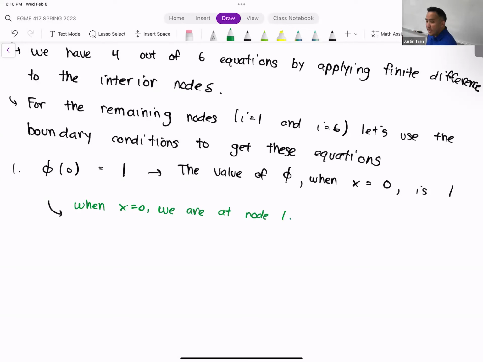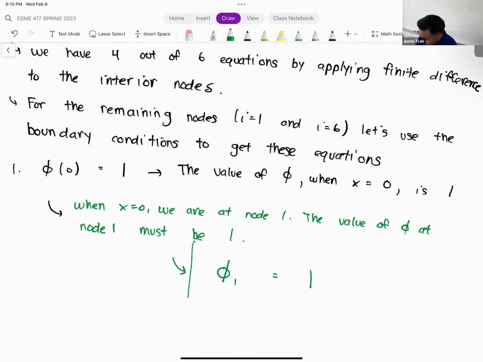And if the value of phi at node 1 has to be 1, we put those two pieces of information together. This tells us that phi 1 has to equal 1.